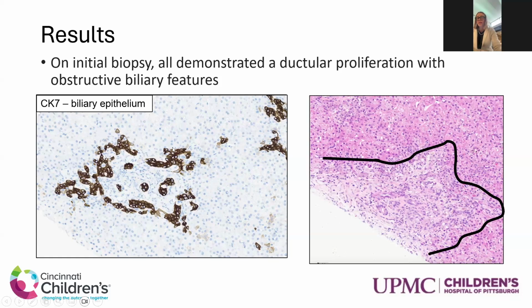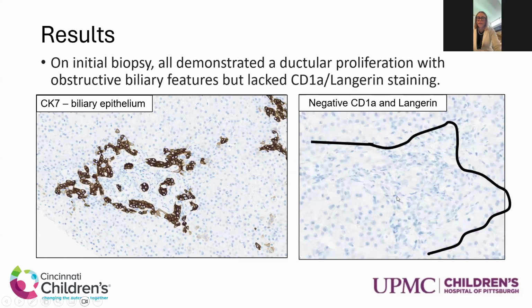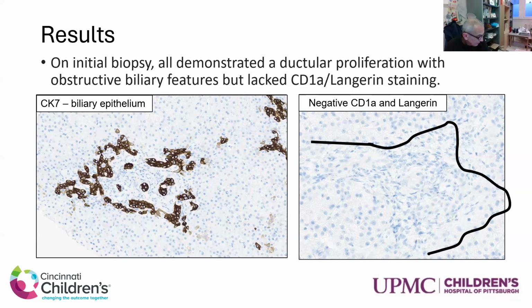So this can be seen in any type of biliary obstructive disease, not just LCH in particular, and it becomes very challenging because often, as Olga said, there's often not that CD1A Langerin if the disease cells haven't increased all the way up to those distal ducts. So it can be very challenging.